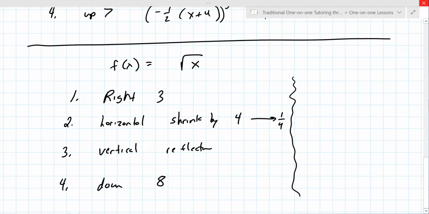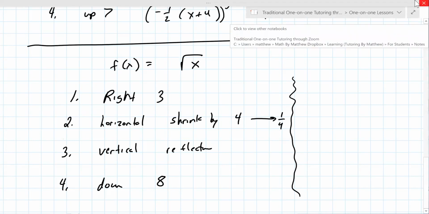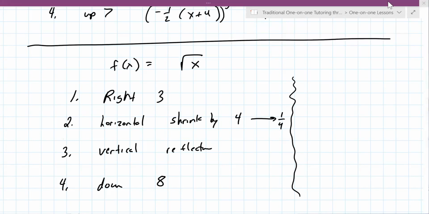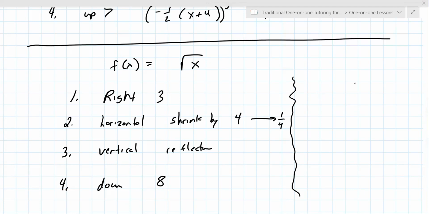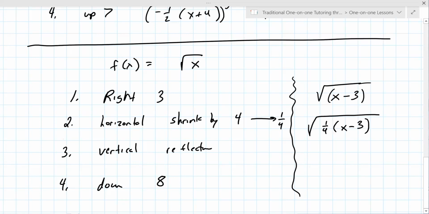Okay, so let me go through each of these. So it's square root x minus 3. Okay, and you can even start putting this in parentheses if that helps. The horizontal shrink by 4 is still under the square root, but it's outside of the parentheses.